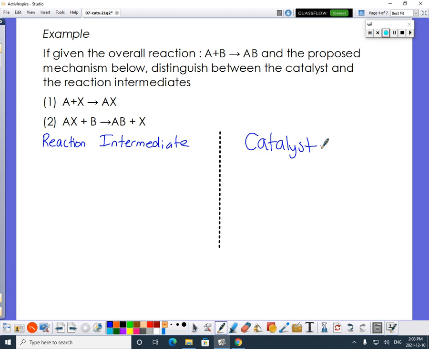So the very first line in both the definitions talks about not an overall reactant or product. So both of them you would have canceled out.